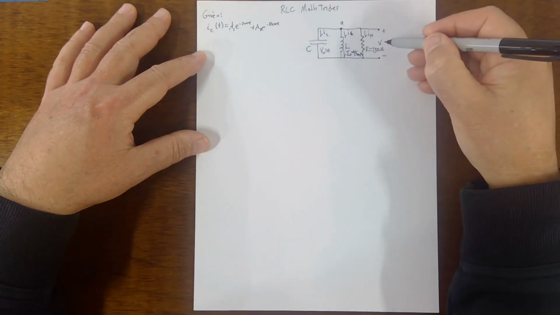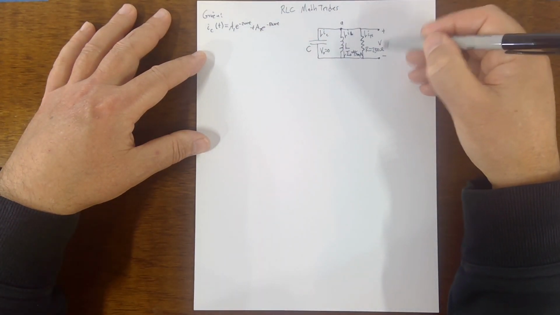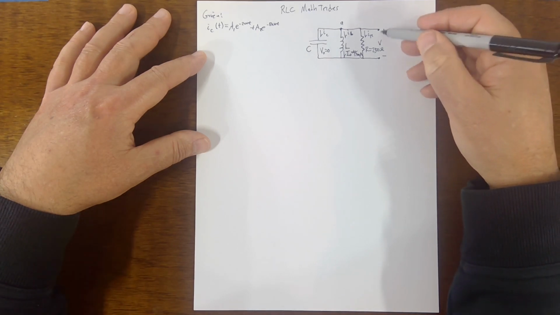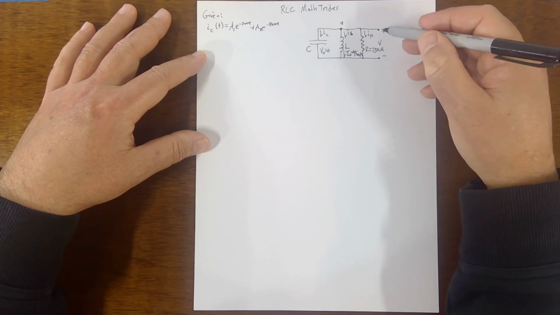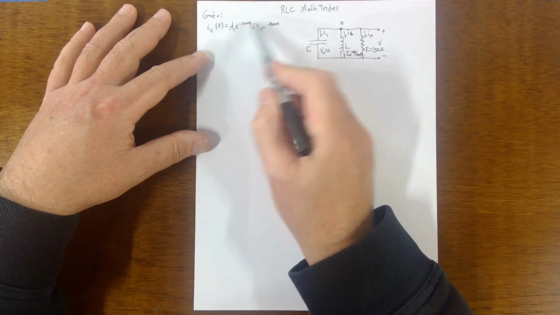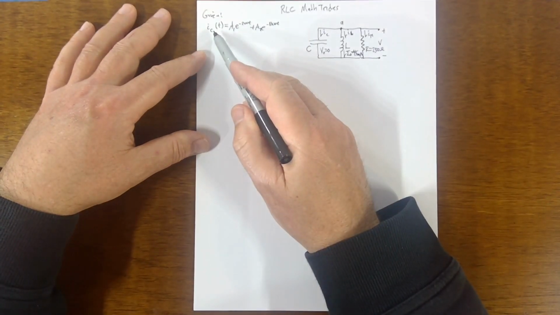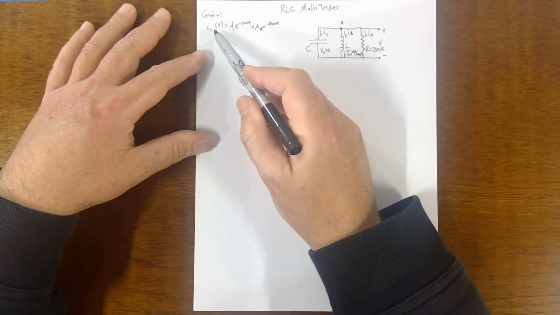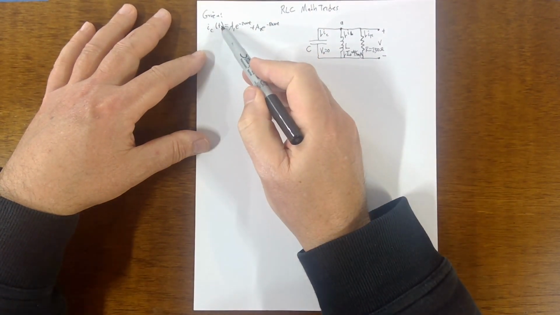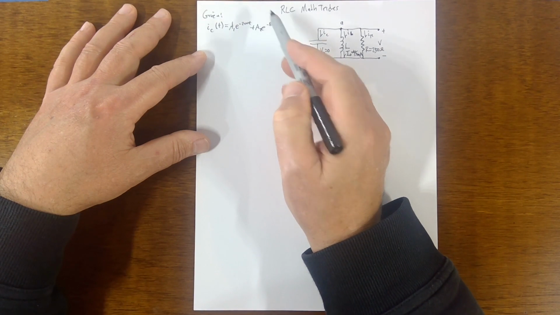Now for our general response for these circuits so far, we've been mostly concerned with the voltage response, and the voltage response has this characteristic form. The new part here is that all of these signals, I sub C, I sub L, I sub R, will all have this same characteristic form.